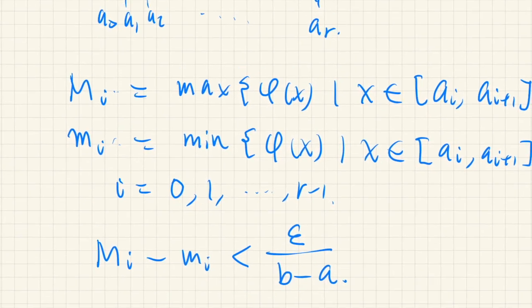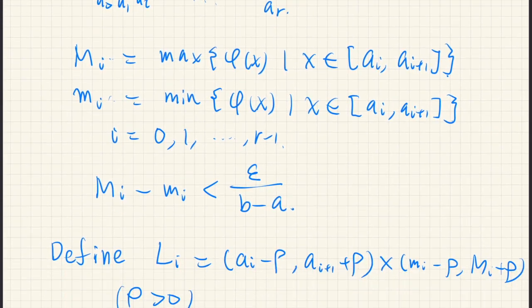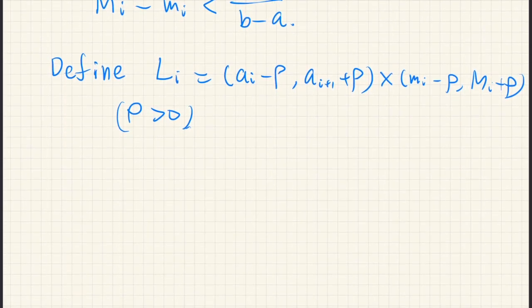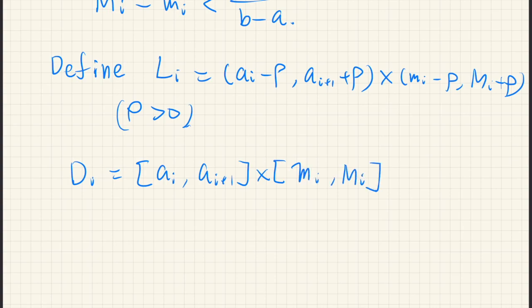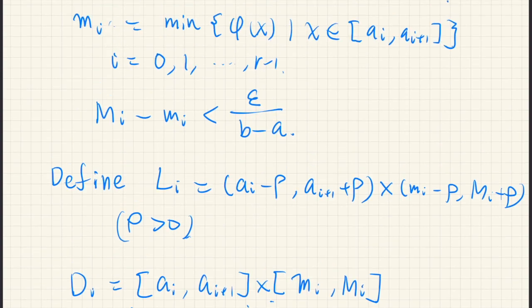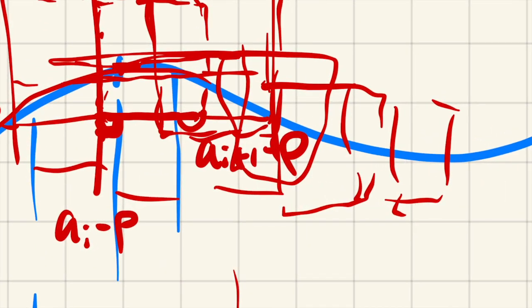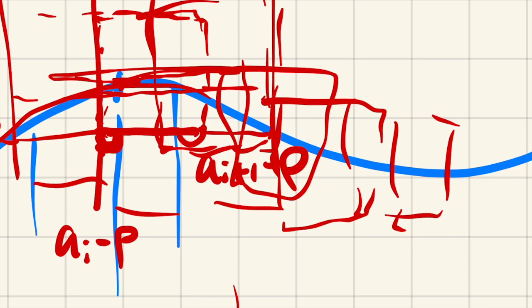If we define the rectangular region as D_i, as the closed interval from a_i to a_{i+1} times the closed interval from lowercase m_i to uppercase M_i, this will be the rectangle here.